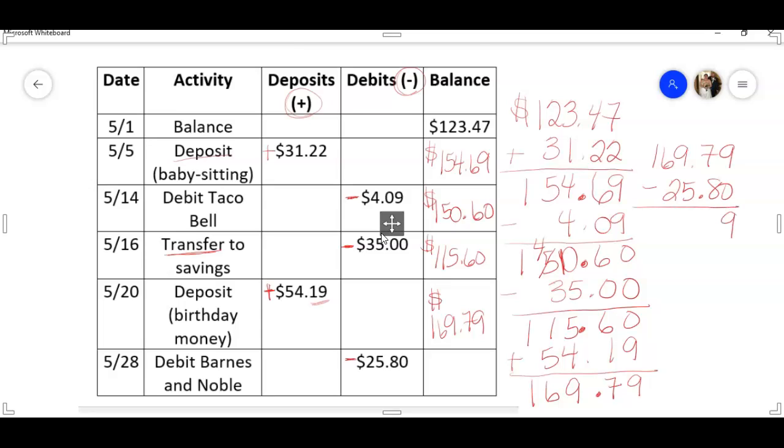I can't do 7 minus 8, so I take $1 and trade it for 10 dimes. 17 minus 8 is 9. 8 minus 5 is 3. 6 minus 2 is 4, and my 1. So he is left with $143.99. Any questions?